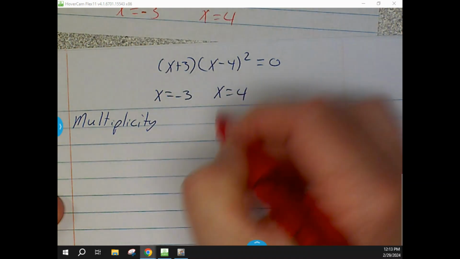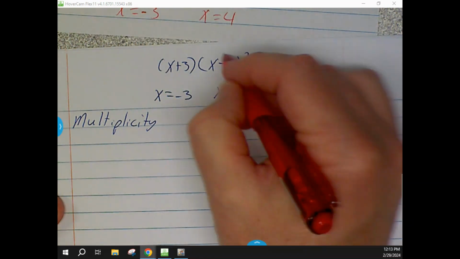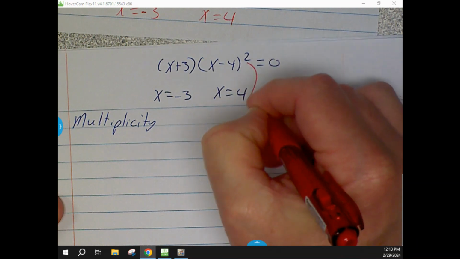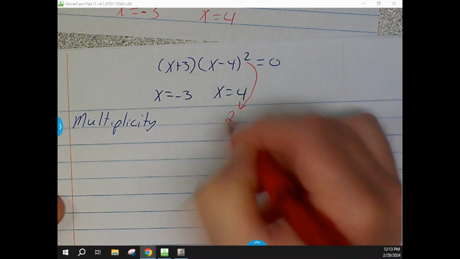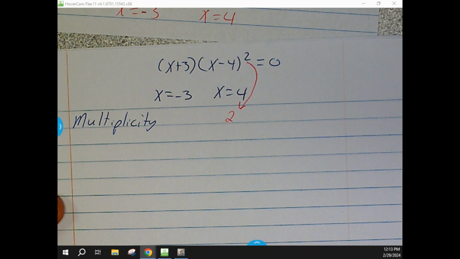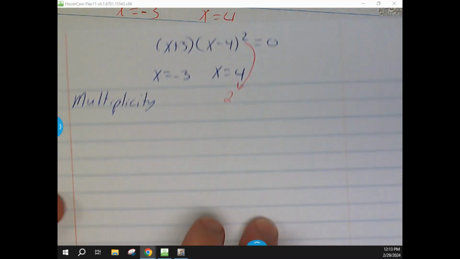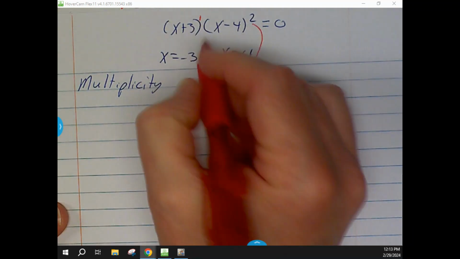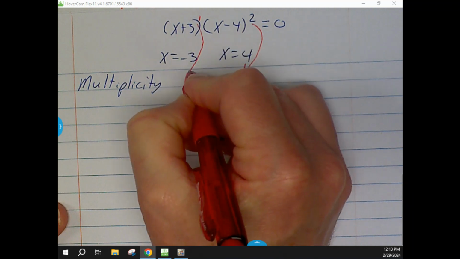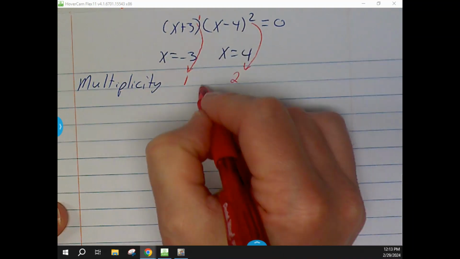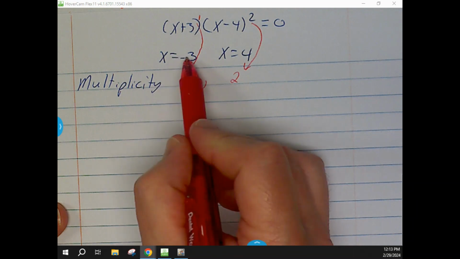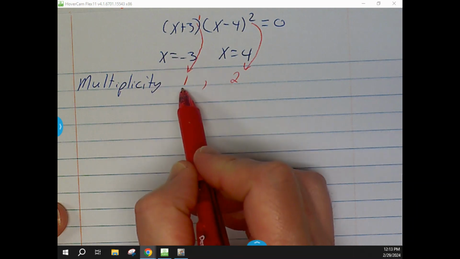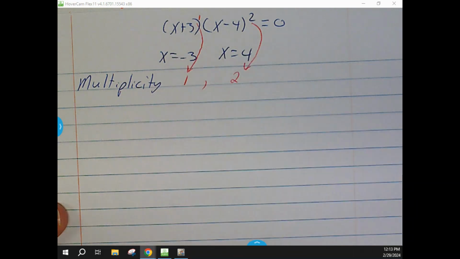For x equals 4, that came from this expression, so x equals 4 has a multiplicity of 2. x plus 3 doesn't have a power, so that one has an understood power of 1. So x equals negative 3 has a multiplicity of 1. They'll tell you x equals negative 3, and then you tell me it has a multiplicity of 1. x equals 4 has a multiplicity of 2.